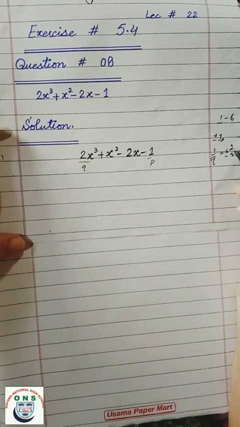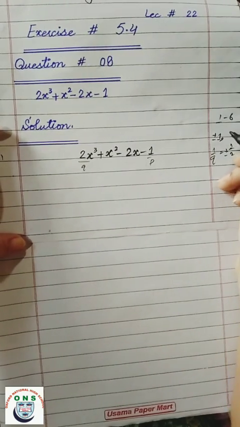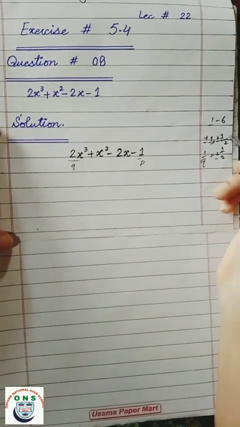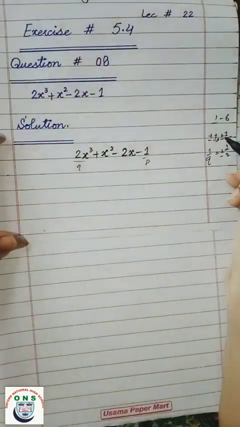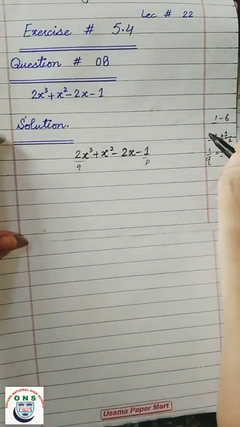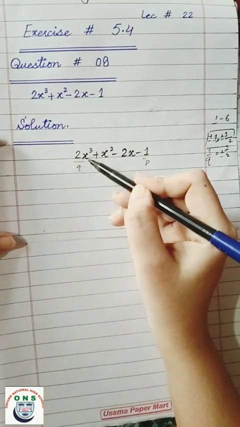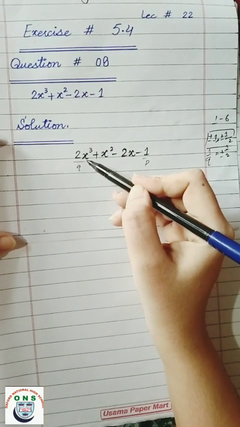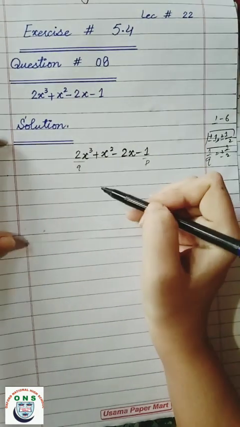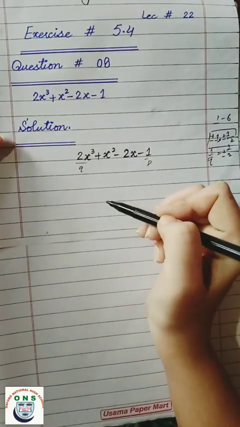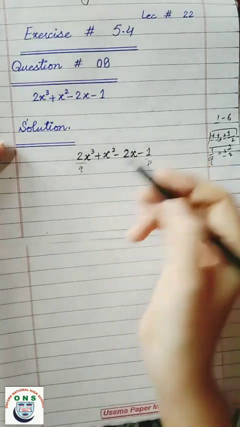So these are 4, plus minus 1 and plus minus 1 by 2. These will be 4 factors, means 2 are here, 2 are here. We have to find 4 factors, and here it's a cubic polynomial, means the highest power is 3. That's why we will say that 3 factors will be satisfied for this expression.